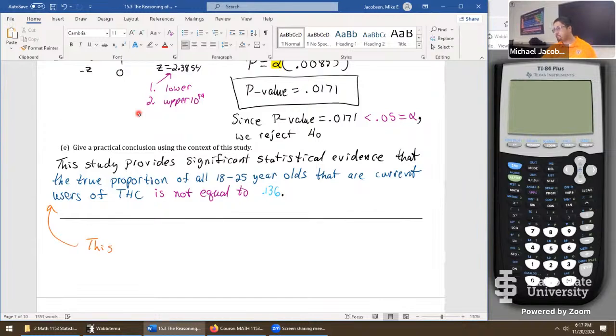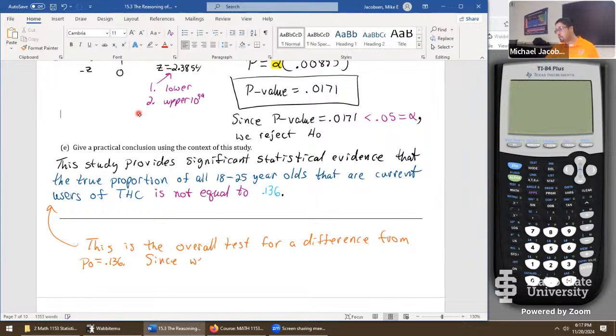This is the overall test for a difference from P naught equals 0.136. So after you do the overall test and it came out significant, we do the following.